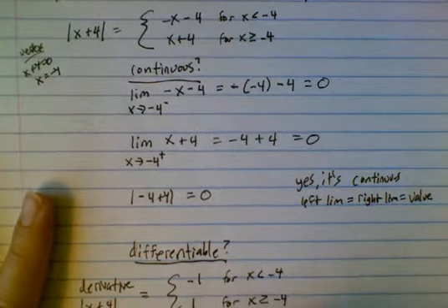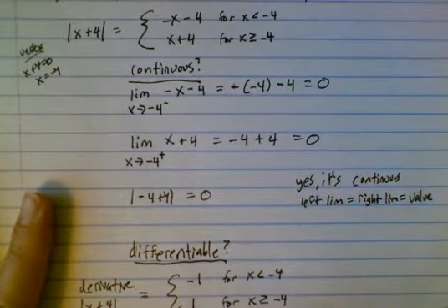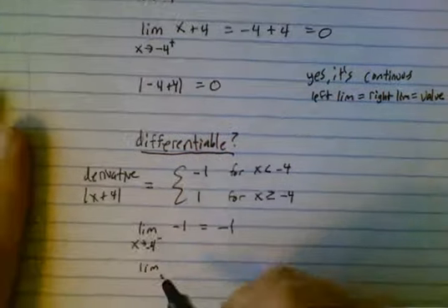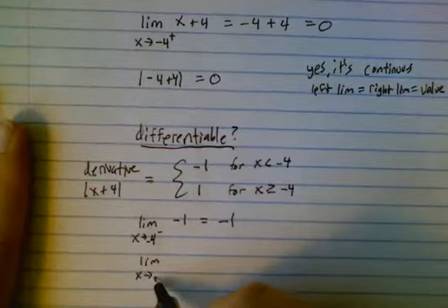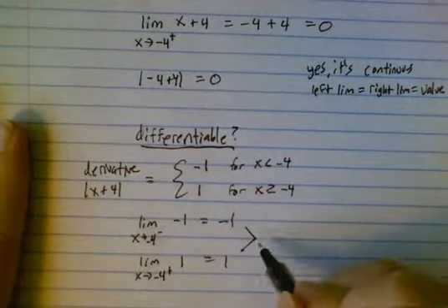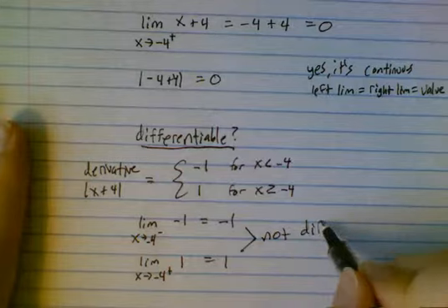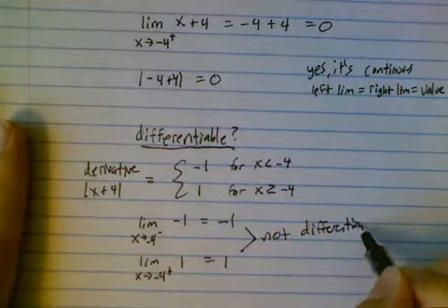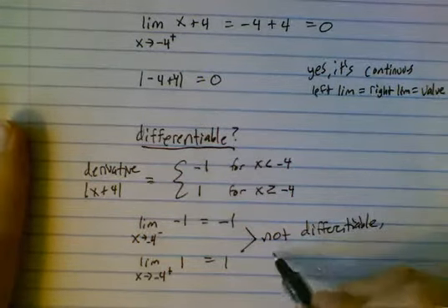Limit as x approaches negative 4 from the left, it's negative 1, limit as x approaches negative 4 from the right, it's positive 1, not differentiable. They don't match.